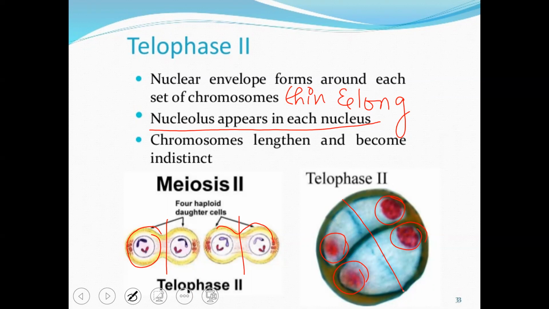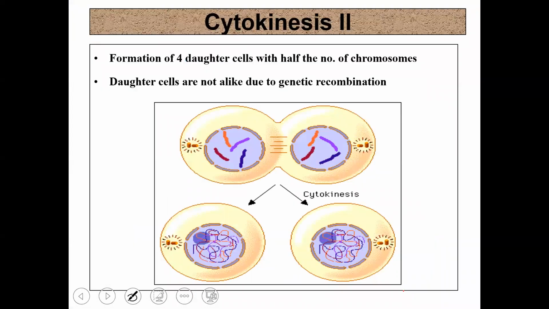So each of these daughter cells has half the number of chromosomes of the parental cell, and the daughter cells are not alike.